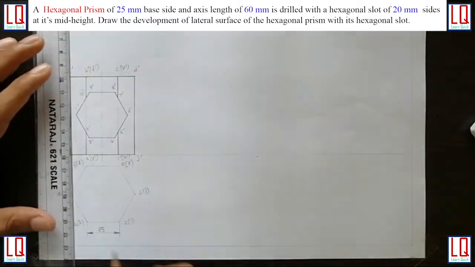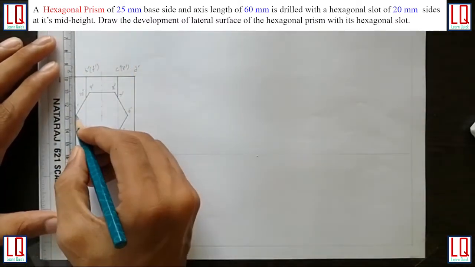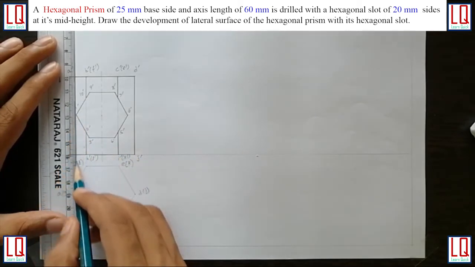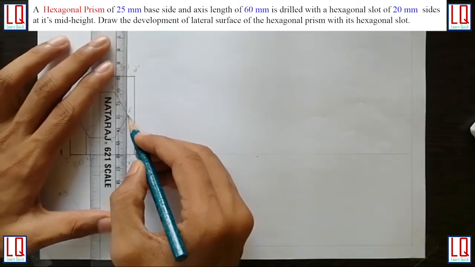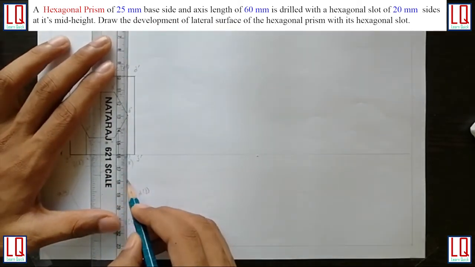If I bring these cutting points down, the left extreme point 1 meets here and the right extreme point 6 meets here.